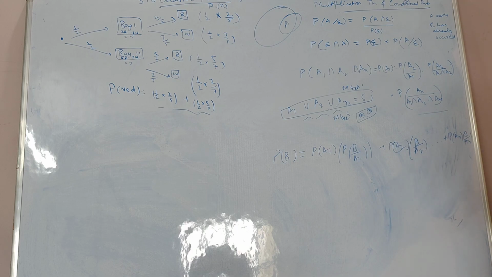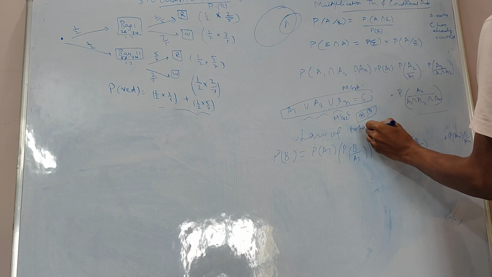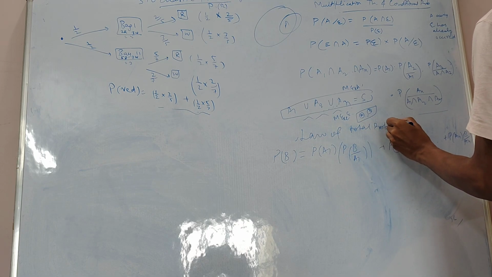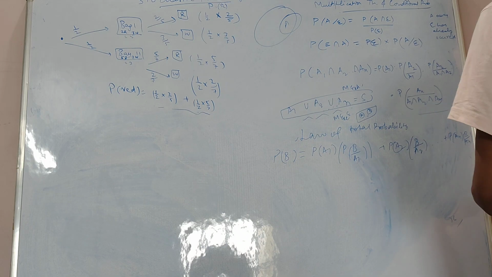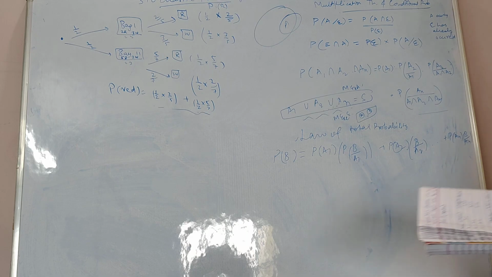This is the law of total probability. Now let's solve a question.